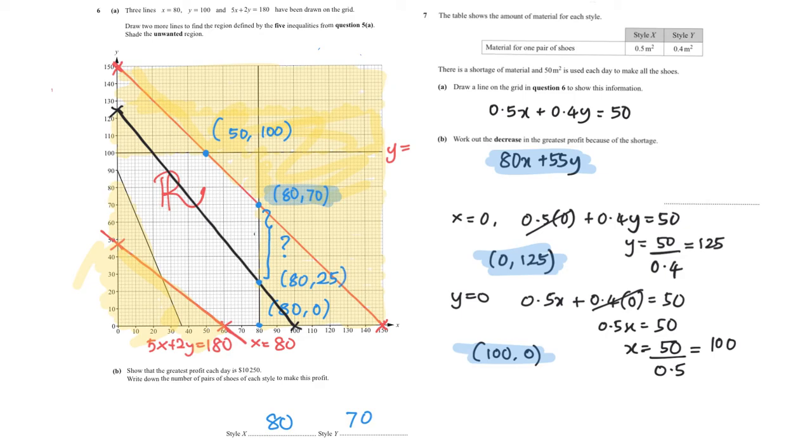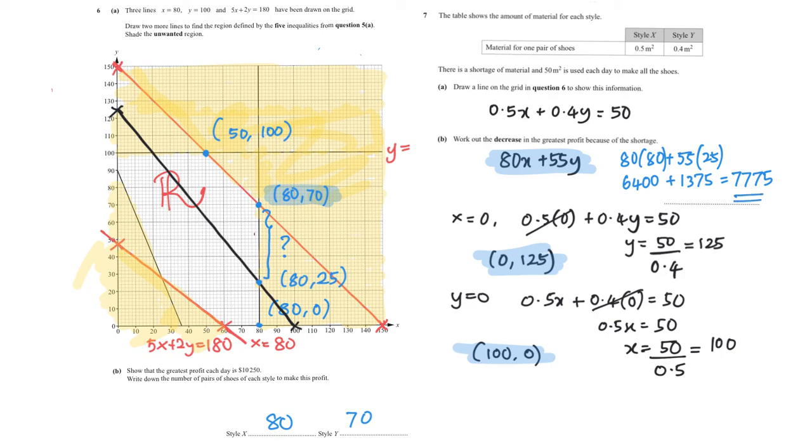Okay, all right, so we're going to substitute here 80 times 80 plus 55 times the y value, 25. Now if you calculate, this will be 6,400 and this will be 1,375. The total will be 7,775.